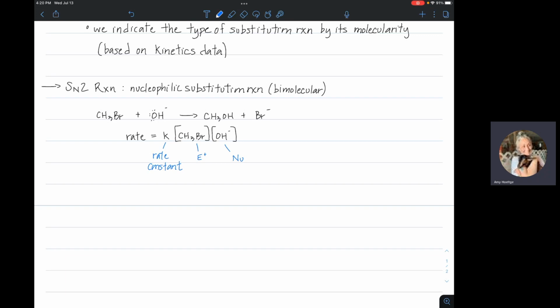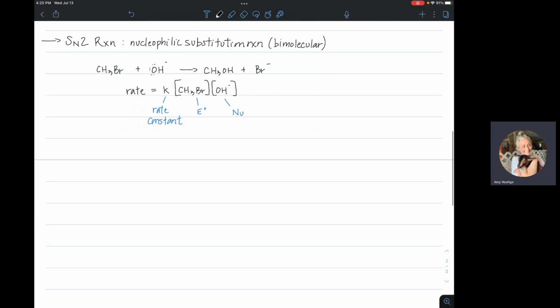That means we can tweak the reaction conditions, like the temperature, the solvent, the concentration of one of these things, to support that transition state. If we support the transition state because we believe that both of these molecules are involved in achieving it, we are effectively encouraging the forward process in the reaction.